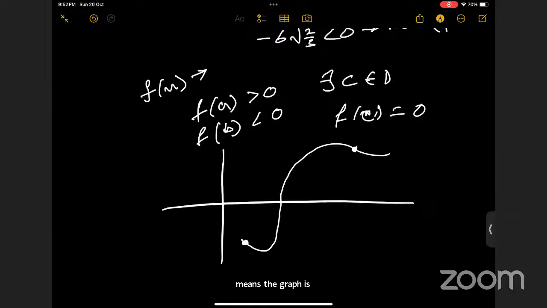Because it is continuous, we cannot lift our pen, right? We have to draw the graph in one stroke. So if we want to connect some negative point to some positive point anywhere, it has to cut the x-axis at some point, right? This is the intermediate value property: there will be a point where f(x) equals 0.